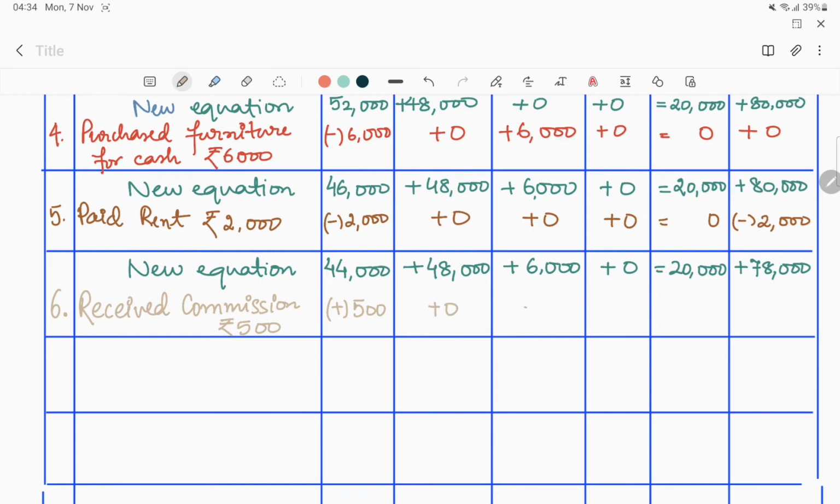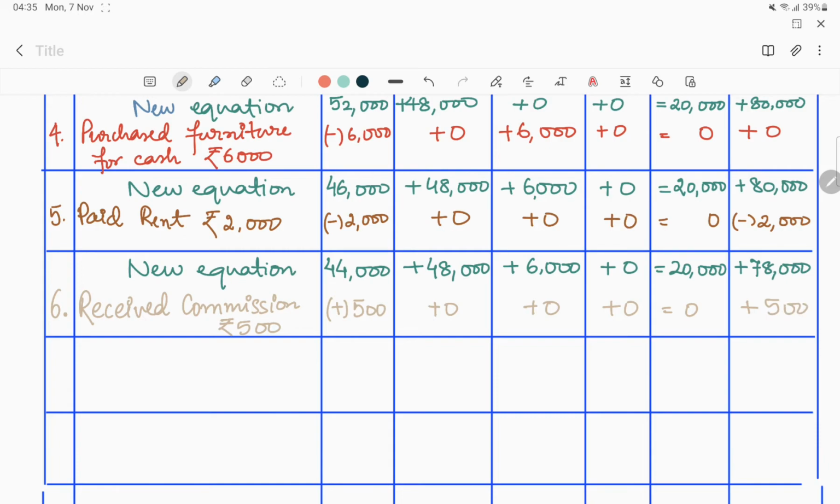No stock, so plus 0. No furniture, no debtor. No liability, 0. And capital will get increased by 500 rupees.